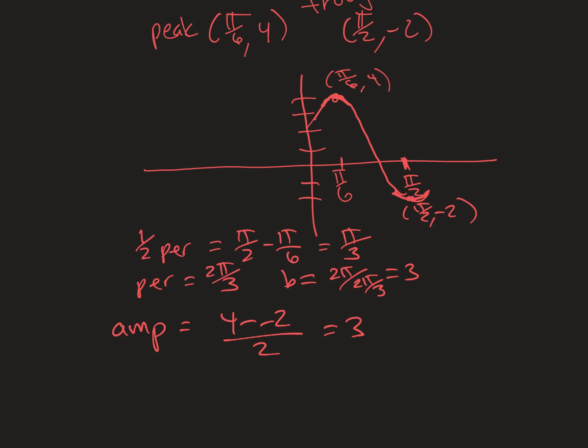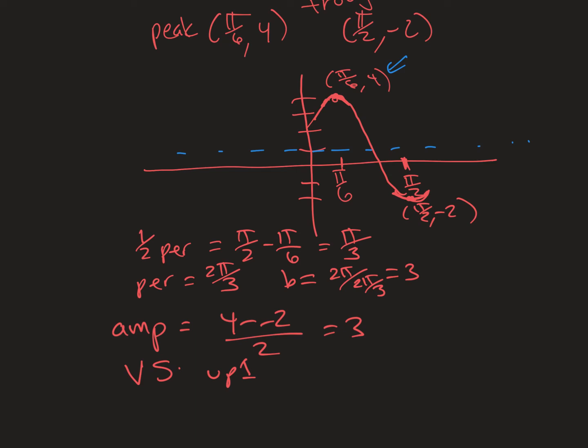That means my vertical shift here will be up 1. Okay, so let's draw my new midline in there then. And looking at this, it's pretty easy to find, given this point here, let's find the cosine. It's starting at that high value.